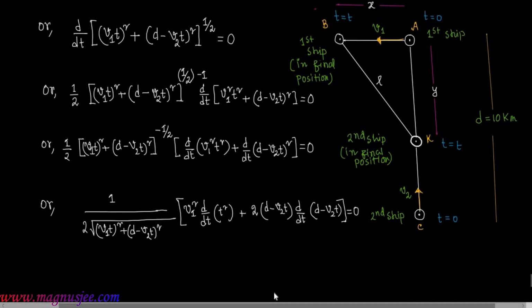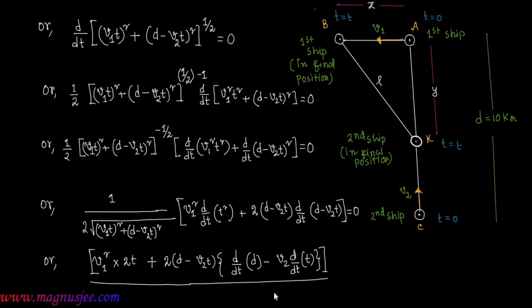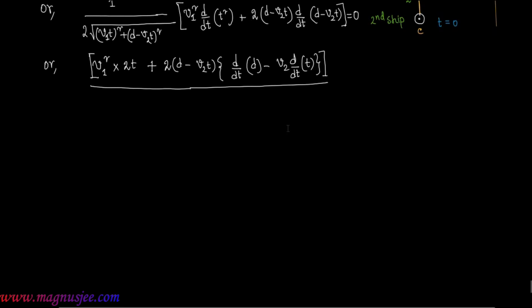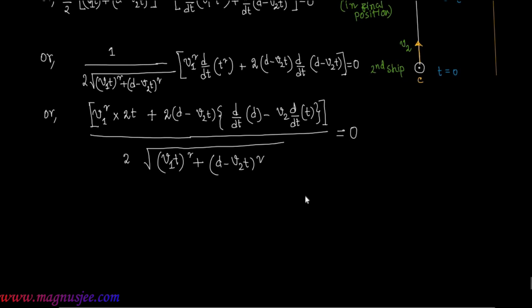Or, we can write v1 square into 2t plus 2 (d minus v2t) into (d/dt of d minus v2 brought outside d/dt, that's why minus v2 d/dt of t) will be equal to 0, divided by 2 square root of ((v1t) whole square plus (d minus v2t) whole square), that will be equal to 0.